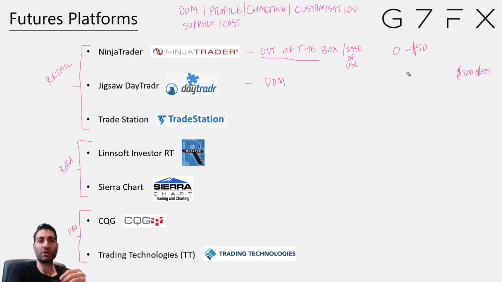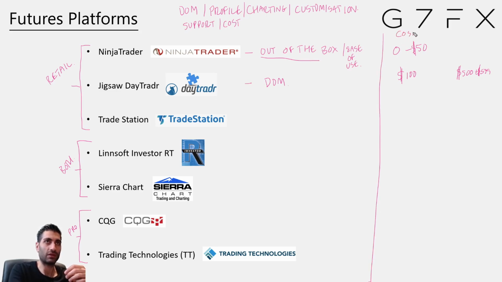So almost $1,100 for the use of their depth of market in a live environment. Depending on if you want to use it live, you're looking at approximately $100 a month, give or take. So that's in terms of the costings.